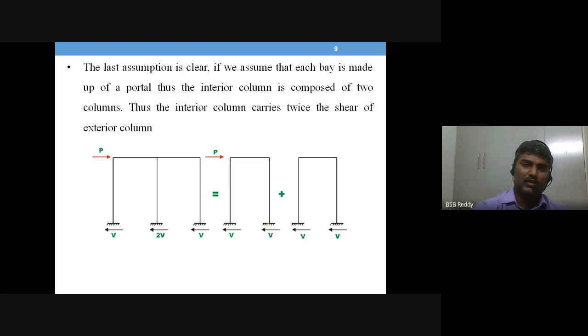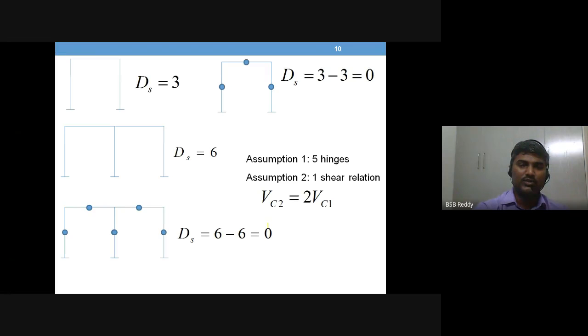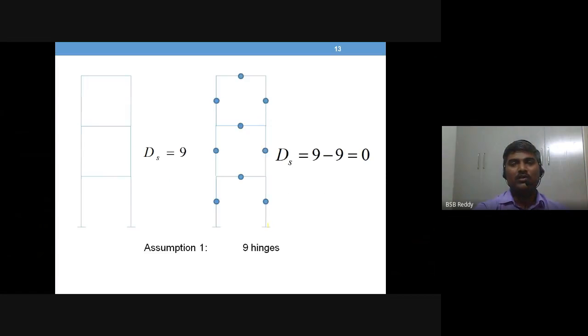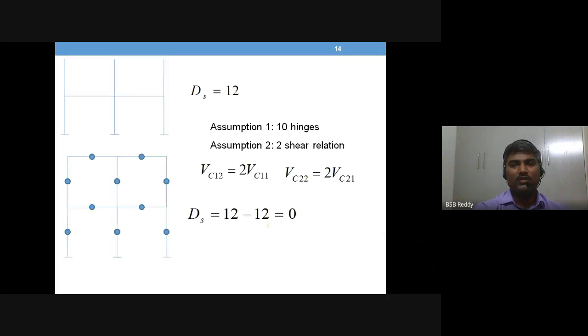Later we applied the assumptions and saw how the frames became determinate, how the indeterminacy becomes zero, which means the frame became determinate. This is what we saw in the last session.